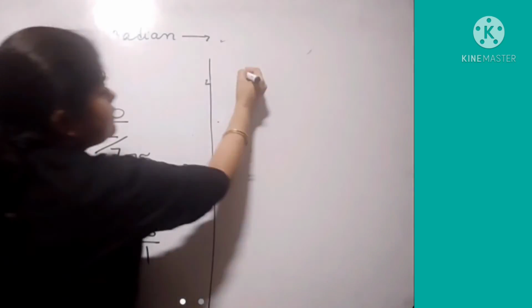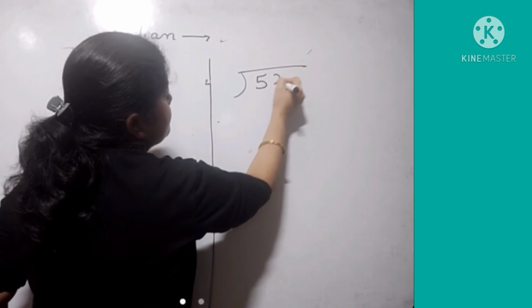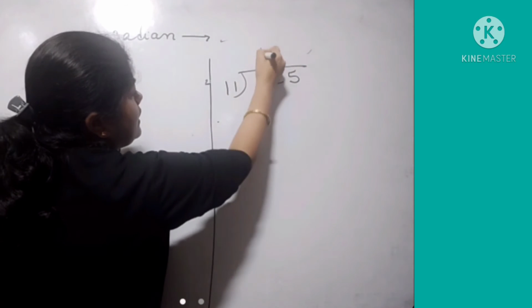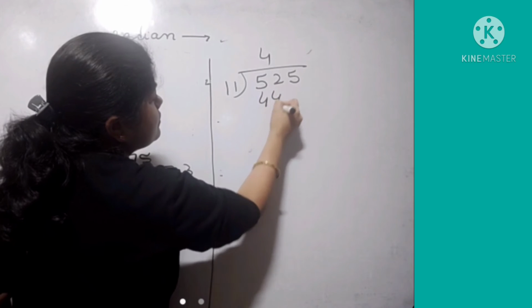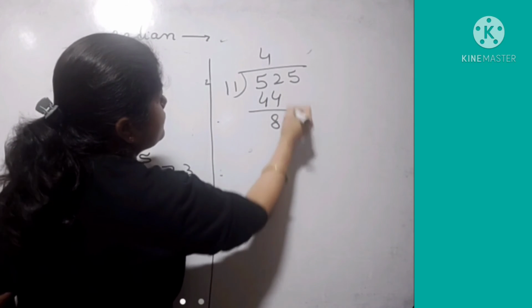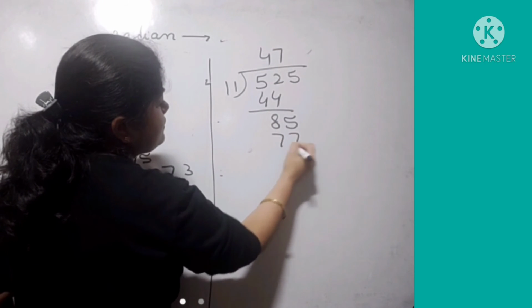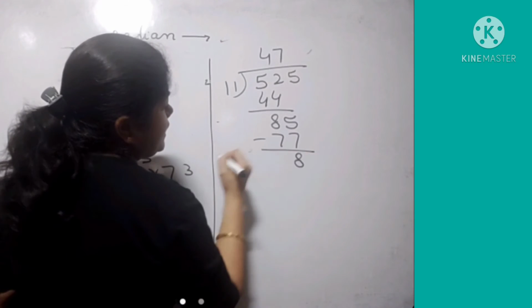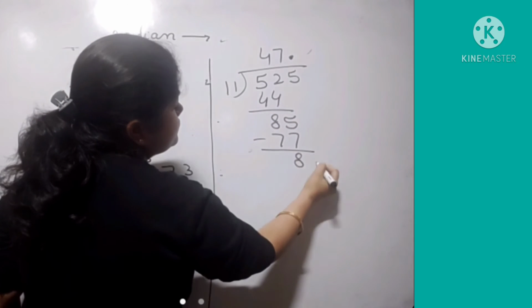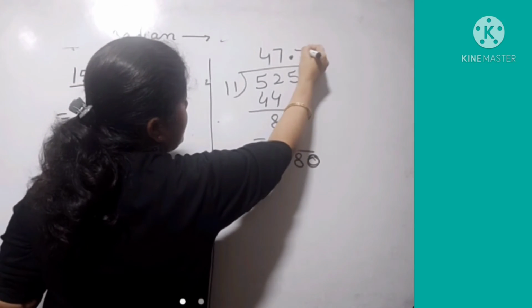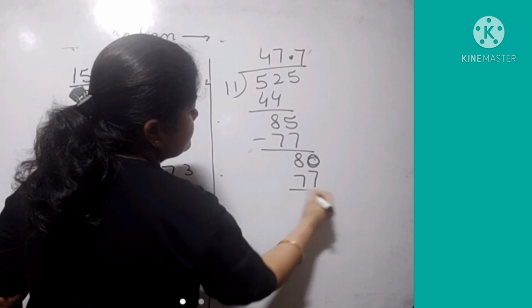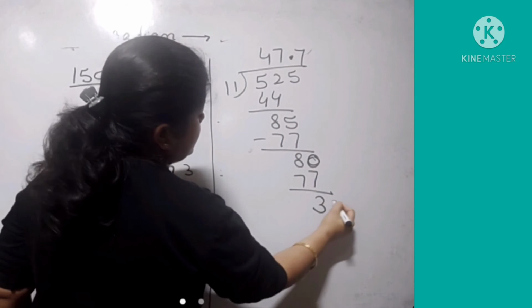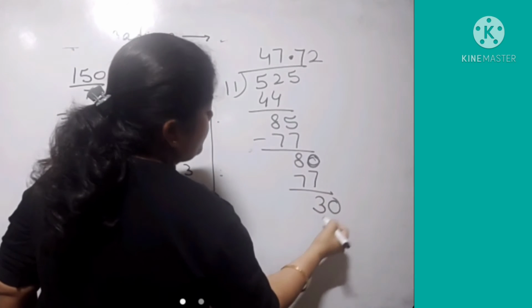Now we divide 525 by 11. 11 fours are 44. We have 85. 11 sevens are 77. 80. 11 sevens are 77. 30. 11 twos are 22.